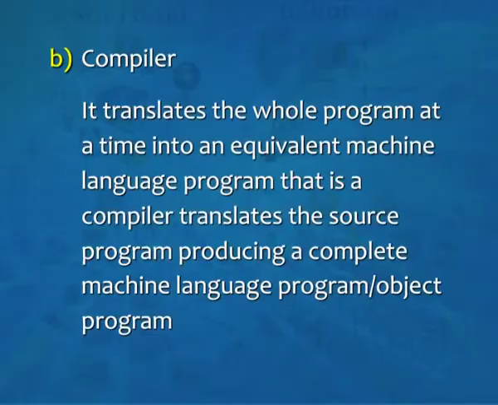In other words, an interpreter is a program which translates one statement of high level language program into machine code. Compiler translates the whole program at a time into an equivalent machine language program, that is, compiler translates the source program producing a complete machine language program or object program.